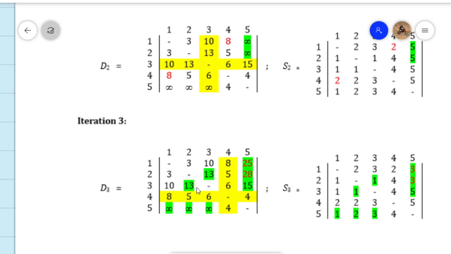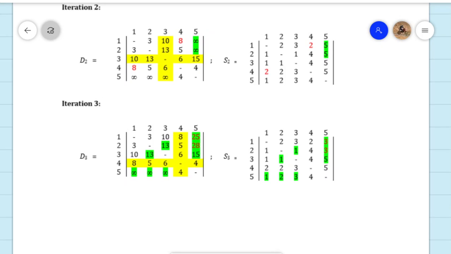So we are to replace how many entries? 1, 2, 3, 4, 5, 6, 7, 8 entries in the D sub 3. So we also mark the entries in the same position in S sub 3. But this entry in S sub 3 will be replaced by 4 in the next iteration. Then this will be replaced by the corresponding sum.